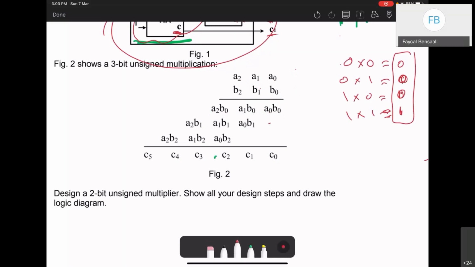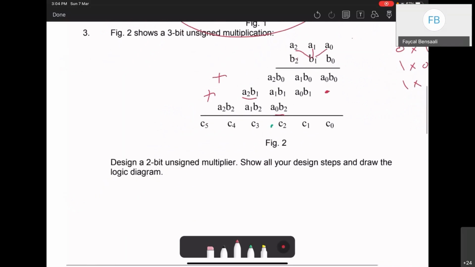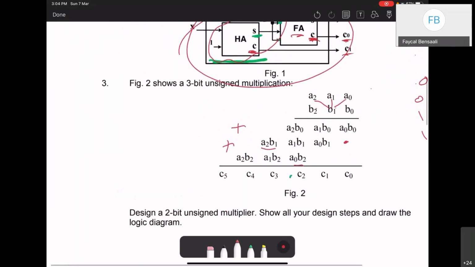And then we continue similar to what we do for decimal. Then we go to B1 with A0, A1, A2, and then we go to B2. And at the end, we do addition, right? And that's it. By the way, when you multiply two values, as you can see here, I started with 3 bits by 3 bits, and the final answer is 6 bits.